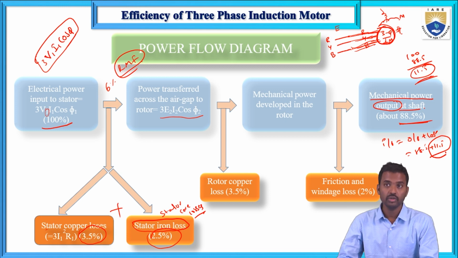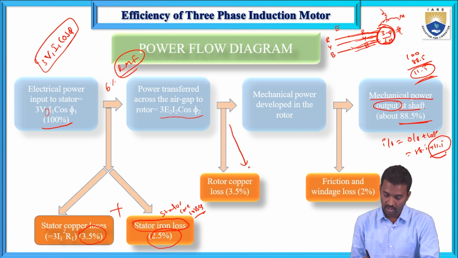Now here we have stator copper losses and stator core losses, and rotor copper losses and rotor core losses. Rotor core losses are again divided into eddy current losses and hysteresis losses.